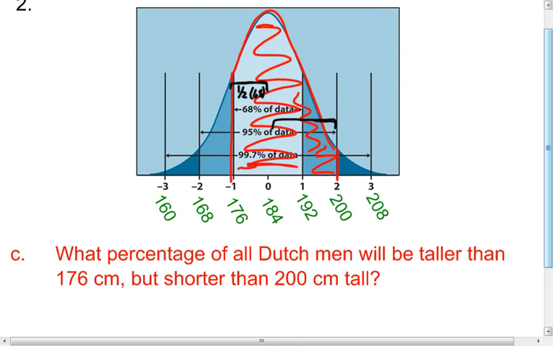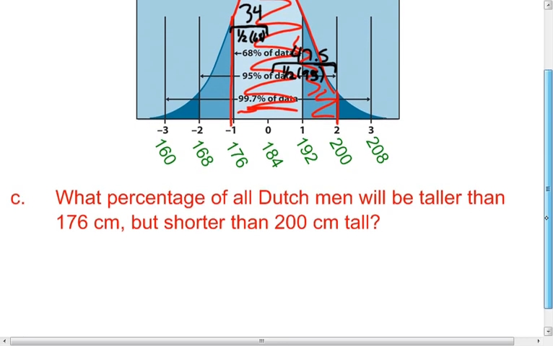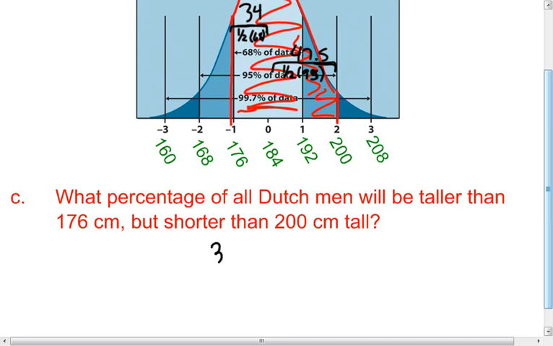So from there to there, I'm going to take half of the 95, which of course is 47.5. Okay, so this is 34, this is 47.5, and I will add the 2 together, and I should get 81.5%. So the 34 plus the 47.5 should give me 81.5%.